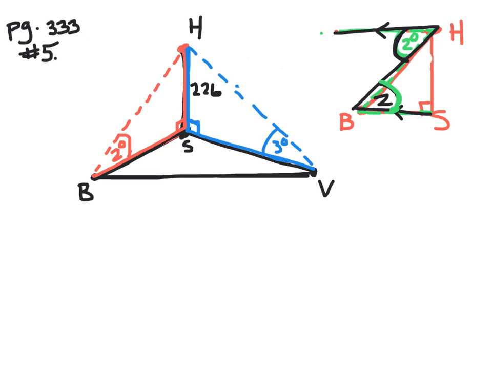Then it says also that they measured the angle between the lines of sight to the towns as 80 degrees. So all they're saying is the angle between the lines to the towns is 80 degrees. So we have that this, where the S was, this much right here is your 80 degrees right there.